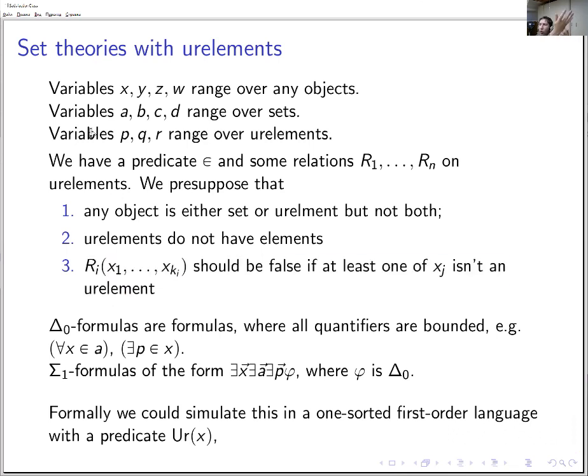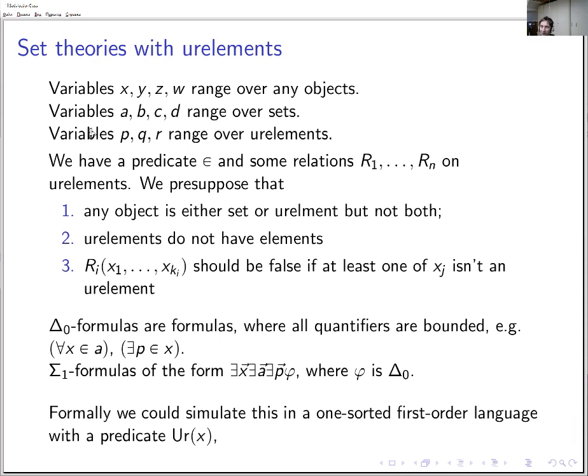Then these three sorts of variables that we have could be simulated in a straightforward manner. The quantifier over arbitrary objects is translated as the usual quantifier. Quantifiers over sets would be interpreted as quantifiers for x, if x is not an urelement, then.